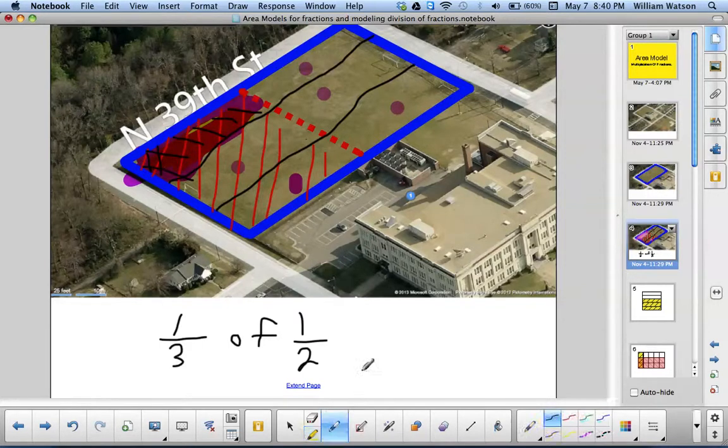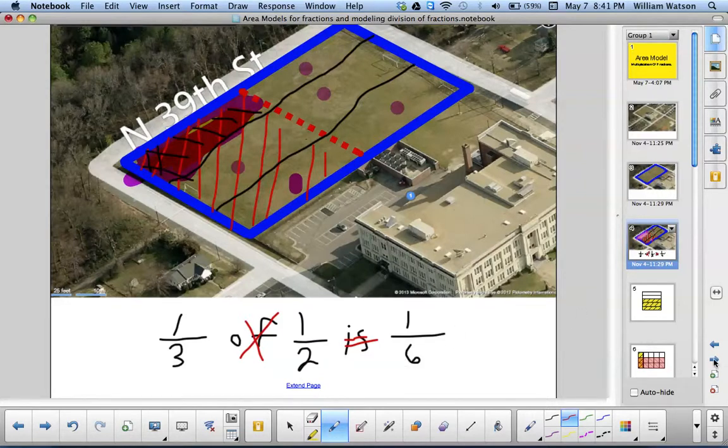So it is one piece out of 6. And then we'll talk about of, meaning multiply, and is in math is our equal sign. So 1/3 of a half is 1/6. 1 times 1 is 1, and 3 times 2 is 6.